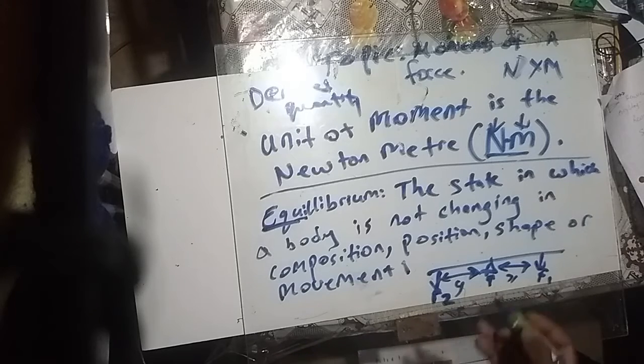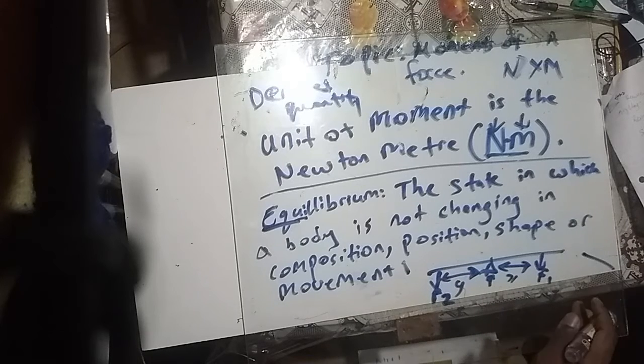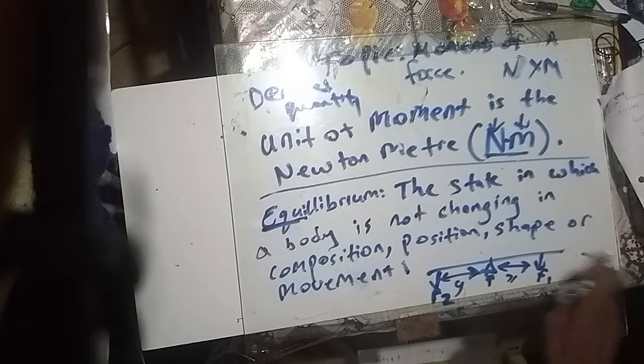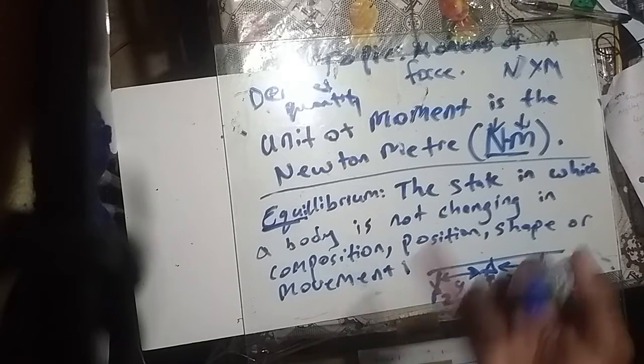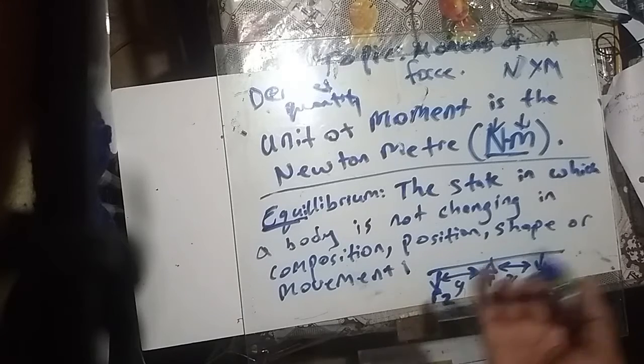Okay, guys? Now, when we're looking at that, we see that we have a balanced seesaw here. We do not see something that is like that, right? We do not see that. We see something that is in a straight line. Why is it straight? Why is it balanced? Why is it not toppling over?